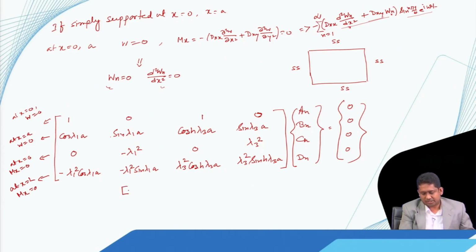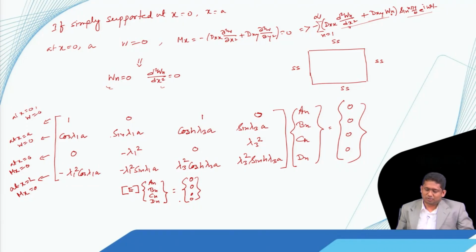And again we write this equation as E multiplied by An, Bn, Cn, Dn, and the right hand side is 0, 0, 0, 0.